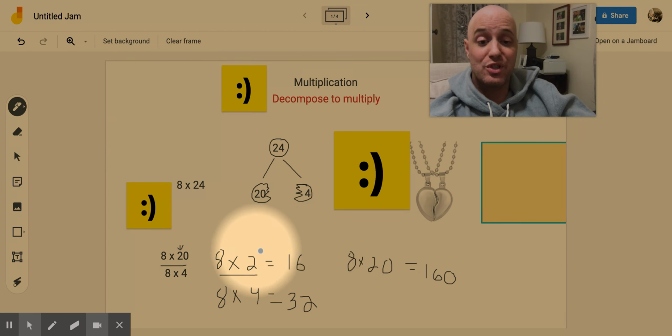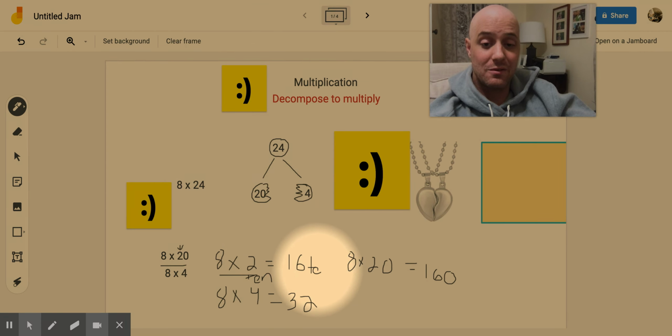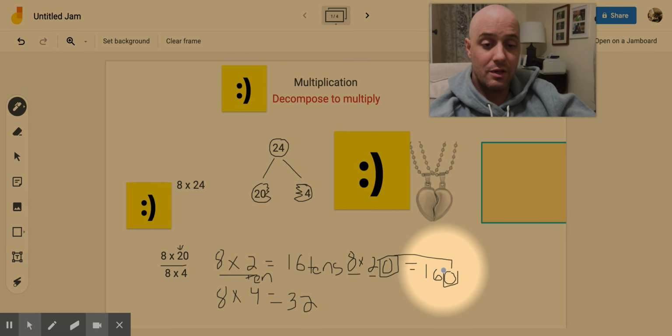So 8 times 20 is 160, or 8 times 2 tens would be 16 tens, and 16 tens is 160. A lot of kids will notice, hey, that 0 is just the same as 8 times 2, but there's a 0 there, and up there also a 0.